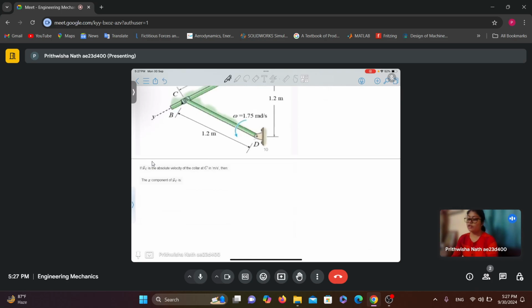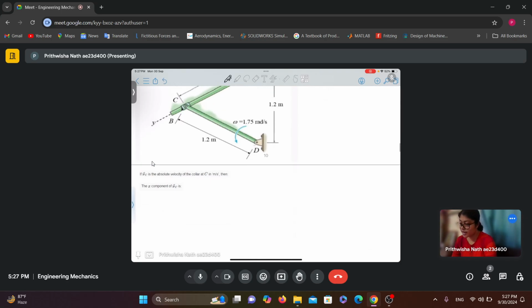If Vc is the absolute velocity of the collar at C in meter per second, then x component of Vc.